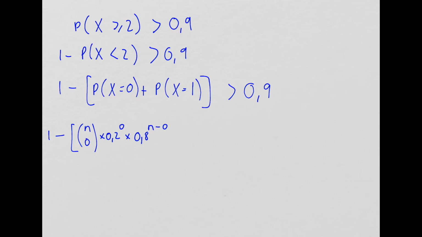And the probability that X is 1 will be n choose 1 times 0.2 to the 1 times 0.8 to the n minus 1. Okay, and that's all greater than 0.9.